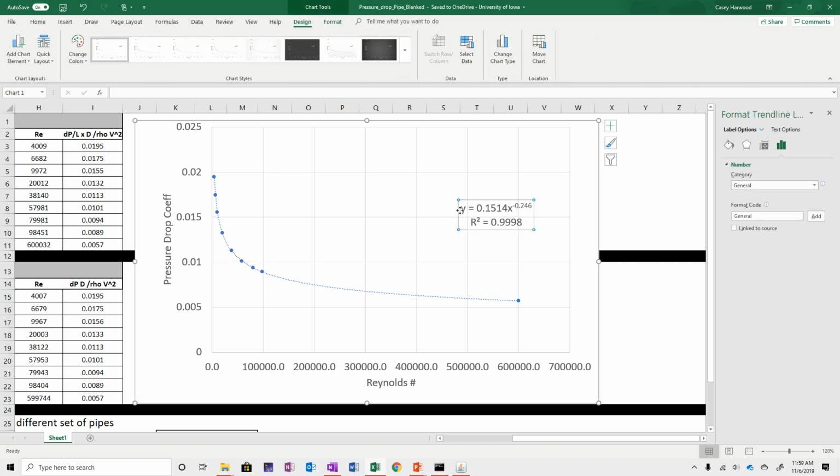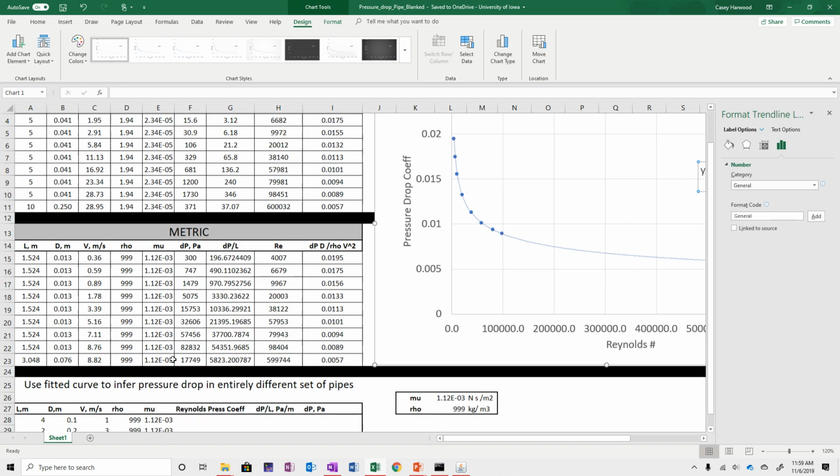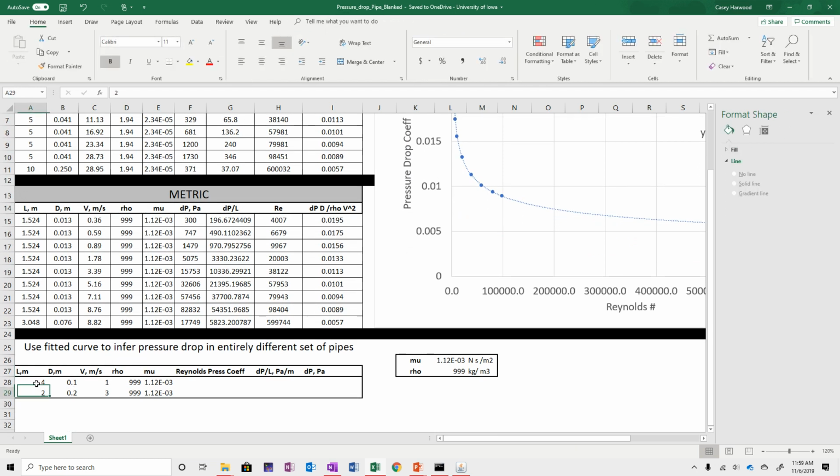And the idea now is that if y is our pressure drop coefficient and x is our Reynolds number, we now have a relationship that we can use to calculate, or at least estimate, the pressure drop coefficient for any Reynolds number that falls within the bounds of our experimental data. So let's consider those two other conditions that we were asked to look at.